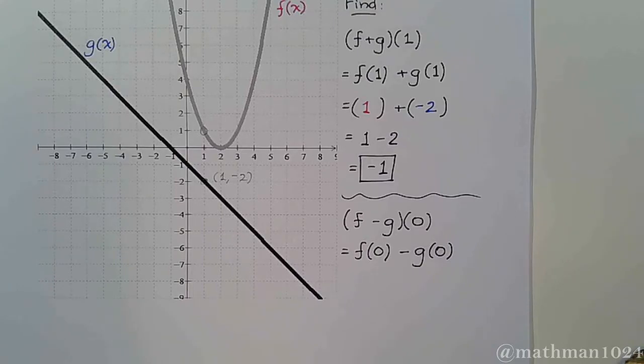We're going to look at the picture and find f of 0 and g of 0, so that's when x is equal to 0.